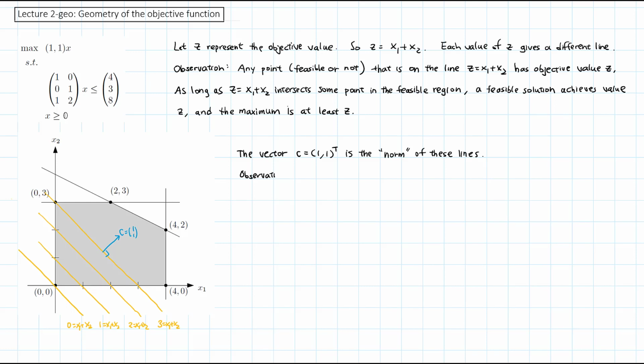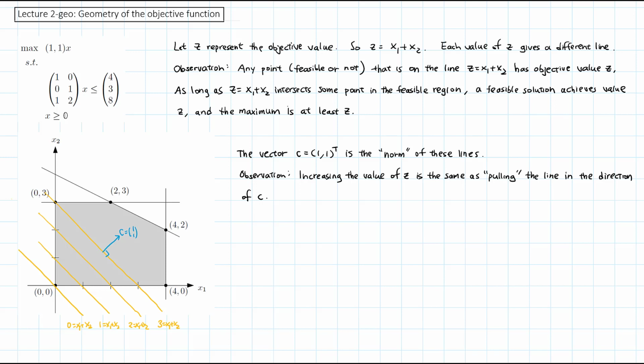Now can you find a relation between the vector c and the movement of the lines as z is increasing? We see that increasing the value of z is the same as pulling the line in the direction of c. The further you pull in the direction of c, the higher the value of z.